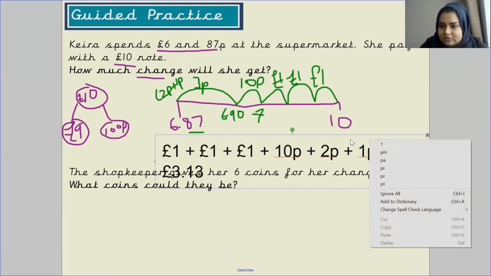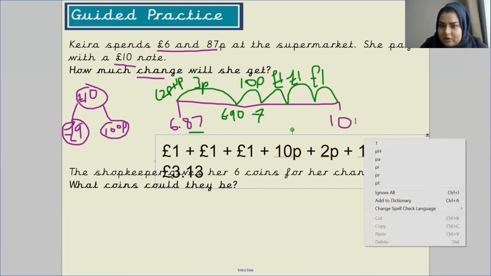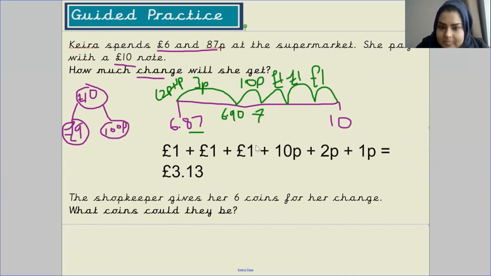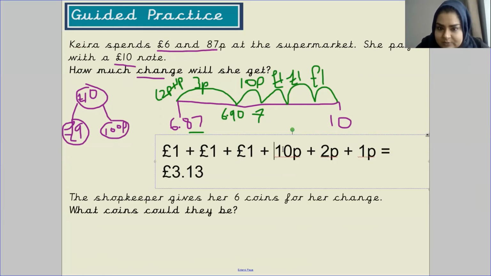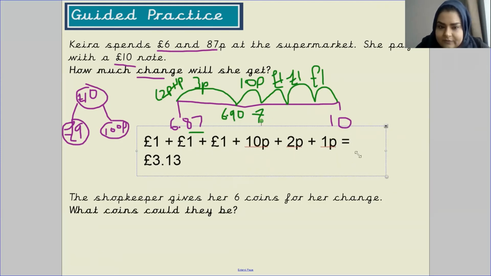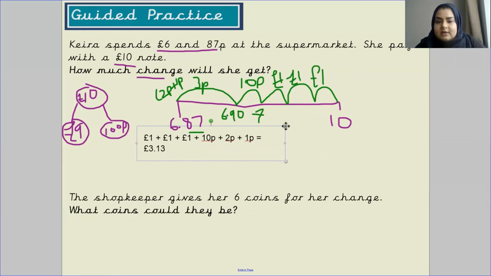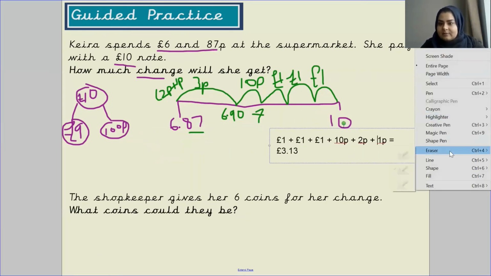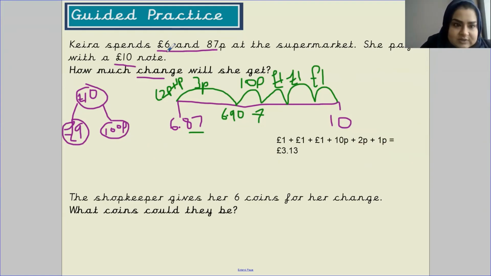Now I am also going to use the part-whole model to help me. For me to use the part-whole model, I am going to first take away the pounds from the pounds.